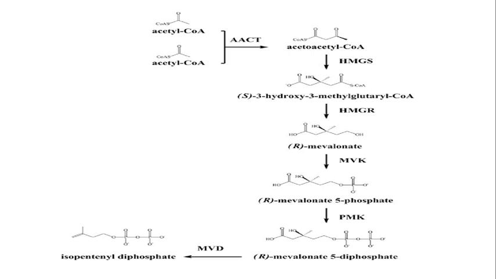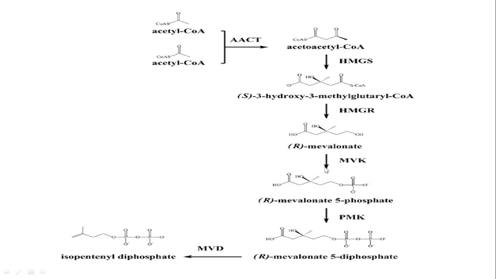Now, two molecules of acetyl coenzyme A are converted, catalyzed by the enzyme hydroxymethylglutaryl synthetase, into 3-hydroxy-3-methylglutaryl coenzyme A. After that, 3-hydroxy-3-methylglutaryl coenzyme A will form mevalonate.